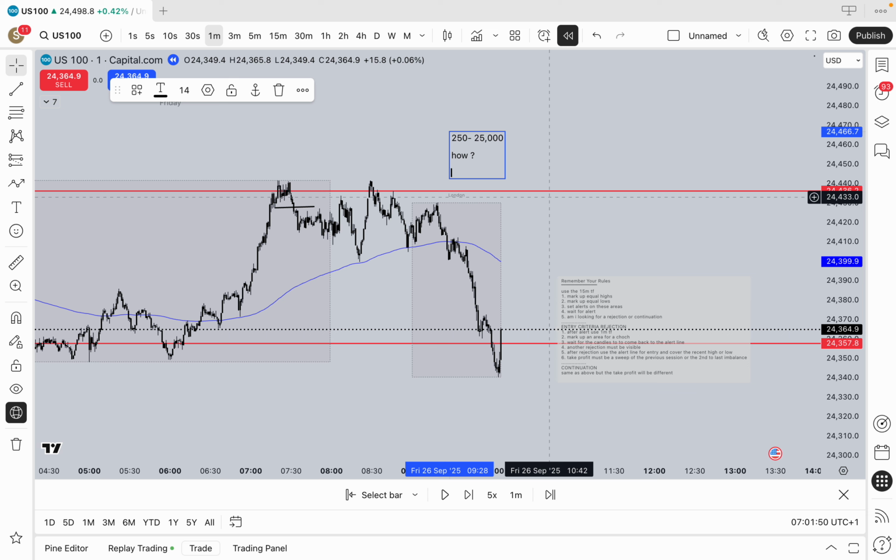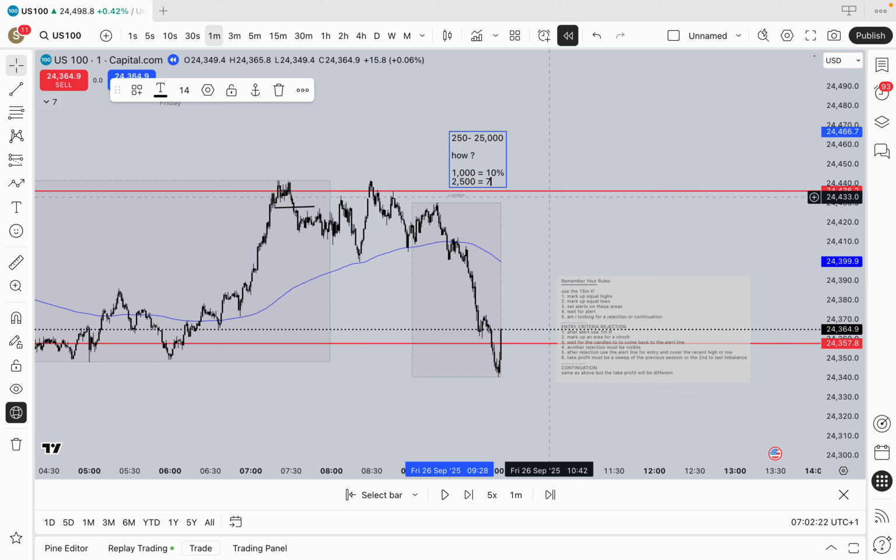Now, for the first $1,000, I'll be using 10% per trade up to $1,000. Once I get to $1,000, my next plan is going to be $2,500.